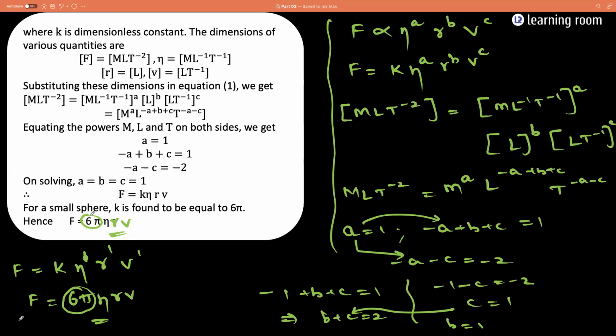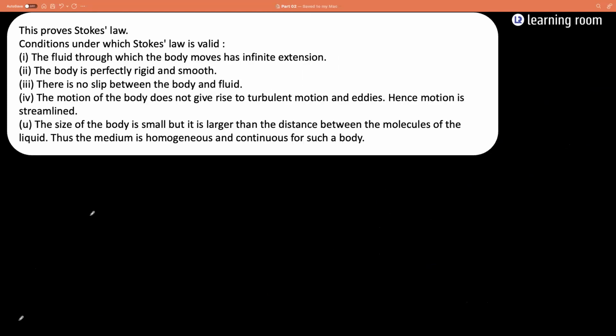Moving on to the next concept. So you can make a note here, conditions under which Stokes' law is valid. First thing is, the fluid through which the object is moving should have infinite extension. Secondly, the object is perfectly rigid and it should be smooth.